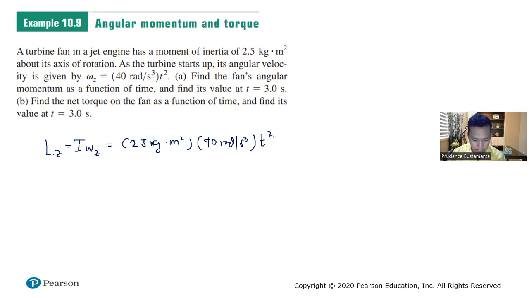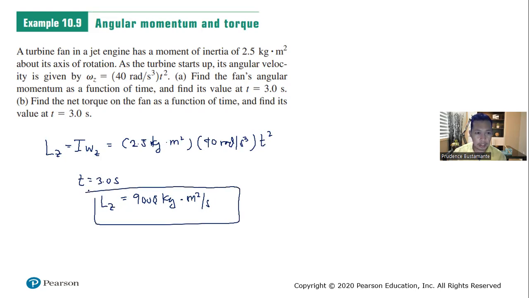When t is equal to 3.0 seconds, Lz is equal to 9,000 kilograms meter squared per second. So that is the value at t equal to 3.0 seconds.